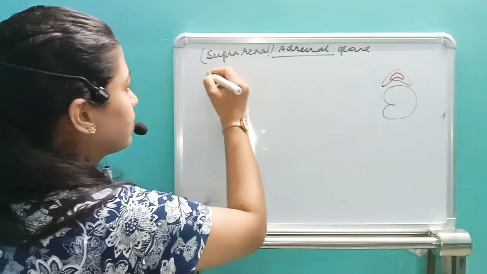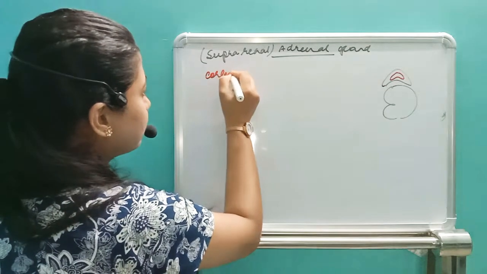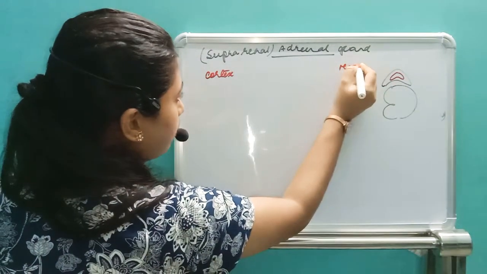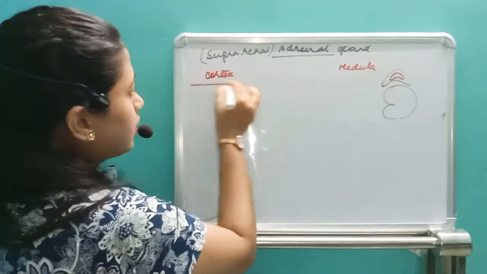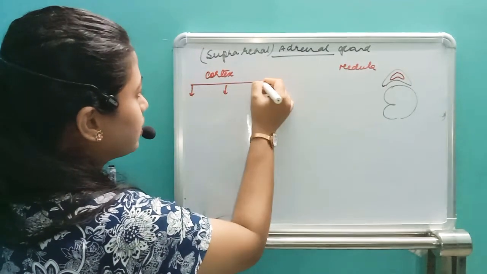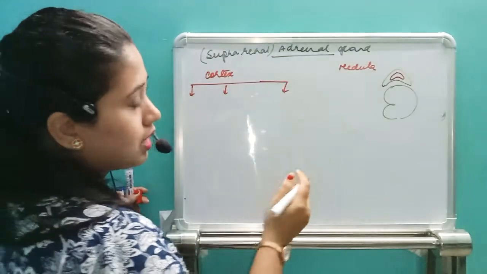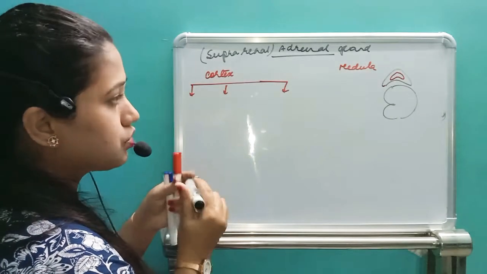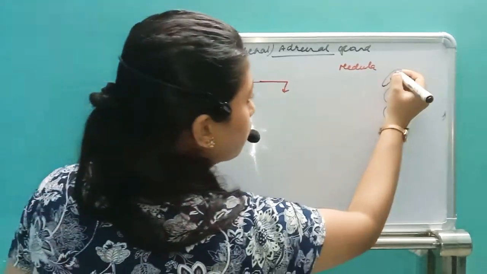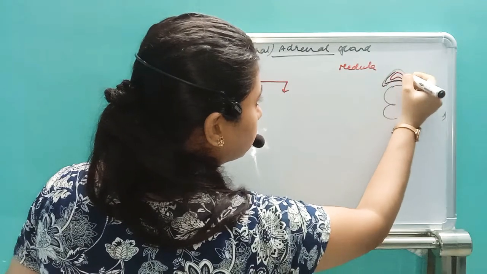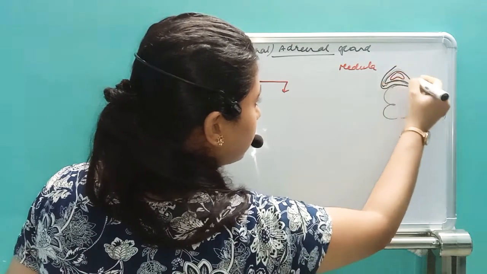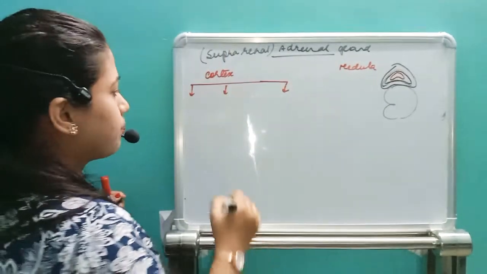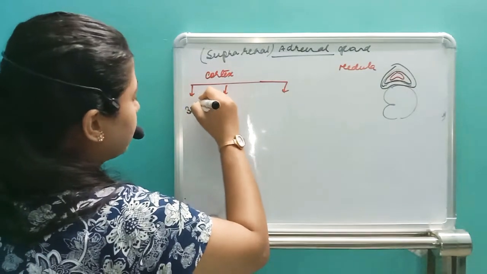One is called the adrenal cortex and another is the medulla. First thing, the cortex is divided into three parts. So what are they? First of all, the outermost part, then the middle part, then the innermost part.